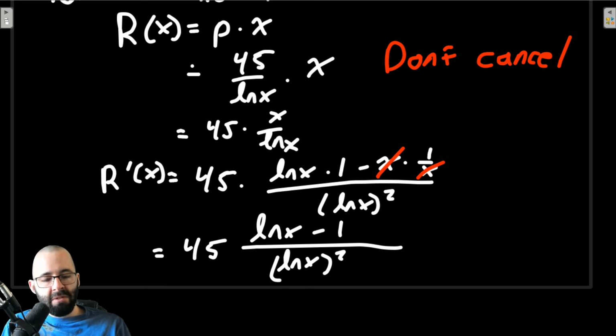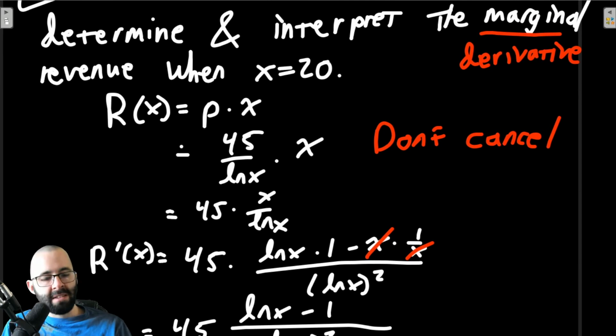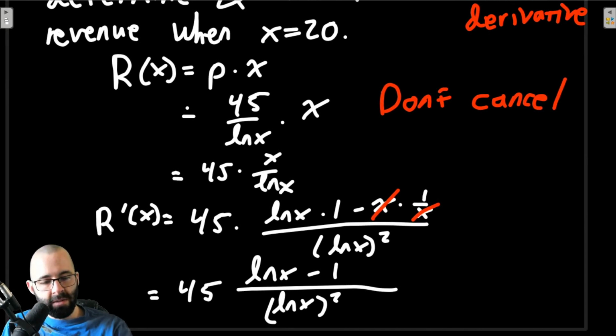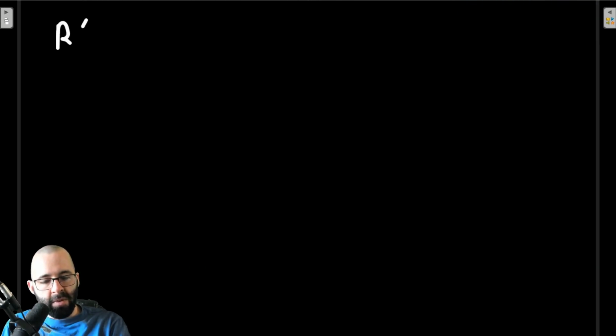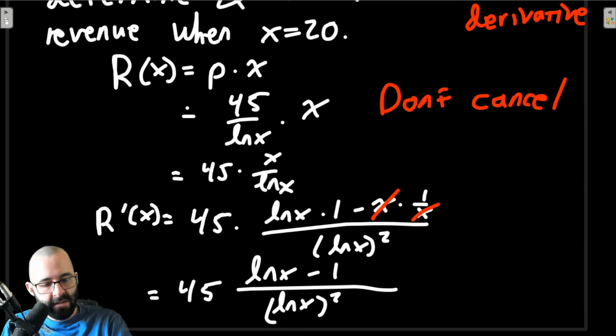So we specifically want to find the marginal revenue when x is 20, when we're producing 20 units. Let's go down here and plug in 20. R prime of 20 is going to be 45 times the natural log of 20 minus 1, over the natural log of 20 squared. I believe that's what we had.